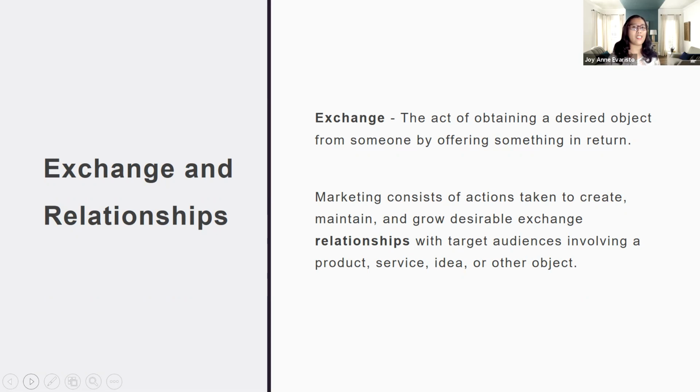On the business side, marketing consists of actions taken to create, maintain, and grow desirable exchange relationships with target audiences involving a product, service, idea, or other object. And on the profitable side, we deliver superior customer value so that we can capture value in return from our customers.